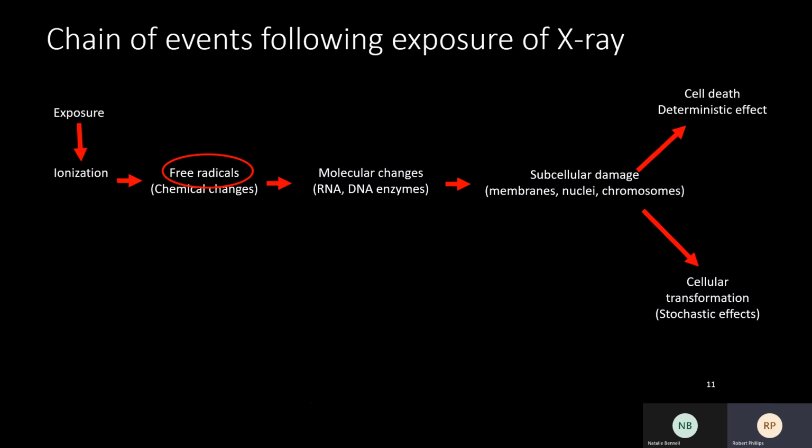So X-ray exposure first ionizes water, produces free radicals, and makes molecular changes in RNA and DNA. They can also cause subcellular damage in the cell membrane, nuclei, and chromosomes that leads to cell death or cellular transformation, genetic transformation.